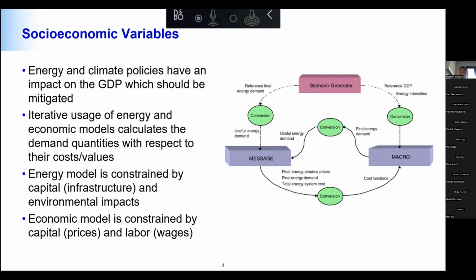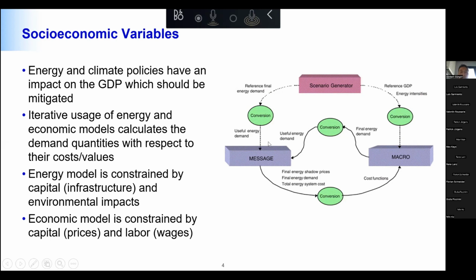But recently, we talk more about the benefits of energy and climate policies in the medium to long term, because we have also the innovation, the digitalization, and we have more production options where we can compensate the initial loss which we can face by implementing the energy and climate policies.